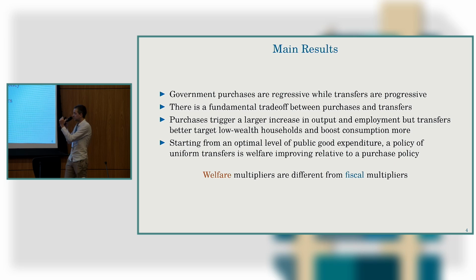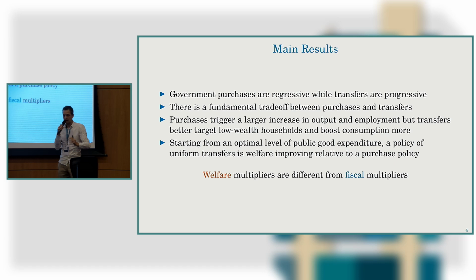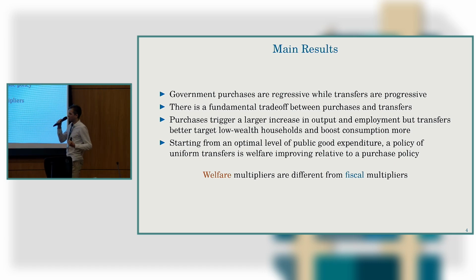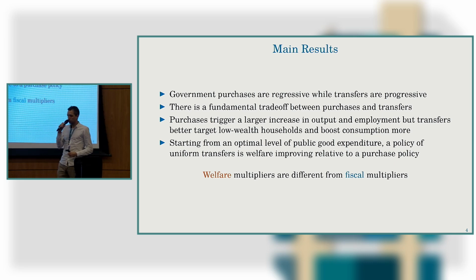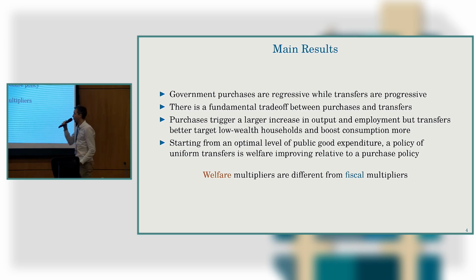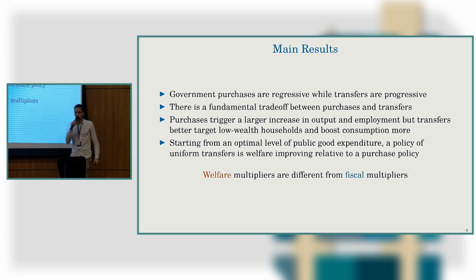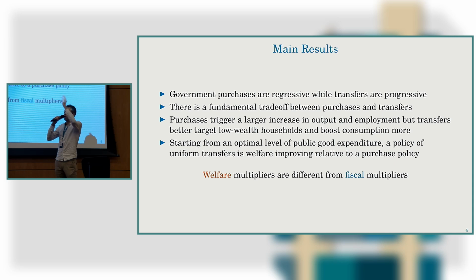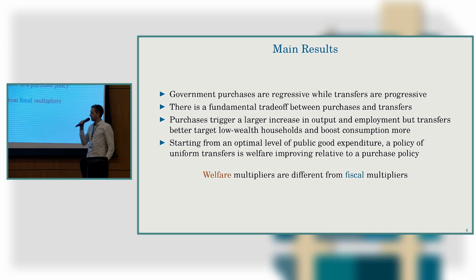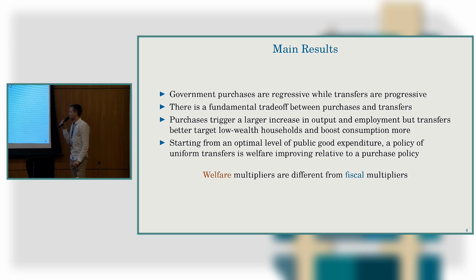But transfers, as long as they're more progressive than purchases, which is the case in the data, are typically going to better target the low wealth individuals, or boost consumption more. And what we find is they also boost welfare more. So welfare multipliers are different from fiscal multipliers, if you want. Simply looking at the fiscal multiplier, what's the effect of G on Y, may be insufficient if we want to look at the effectiveness of policies here.